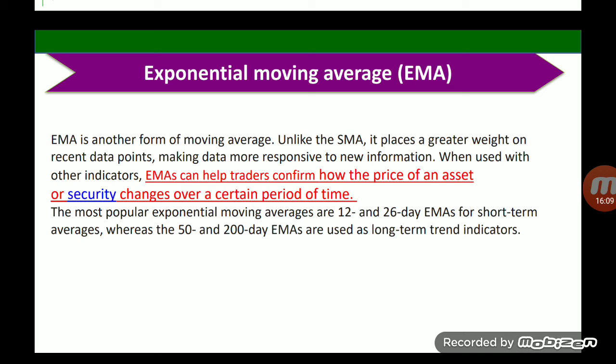In a simple moving average, equal weight is assigned to all the data points, but in the exponential moving average, the recent data points get more weight, making data more responsive to the new information. The most popular exponential moving averages are 12 and 26 days EMAs for short term averages, and for long term trade indicators 50 and 200 days EMAs are used.